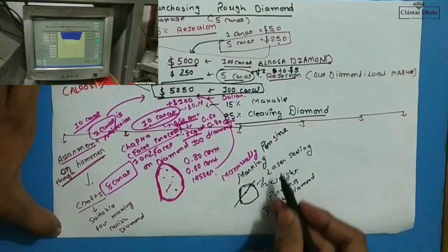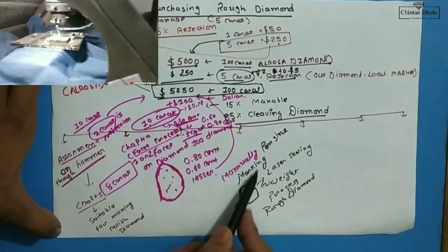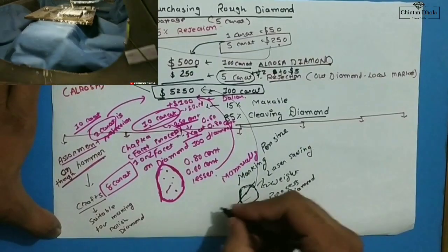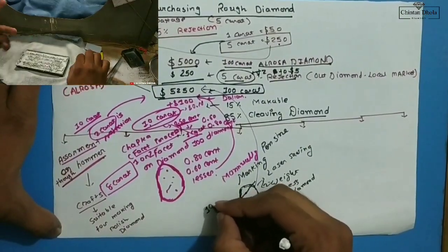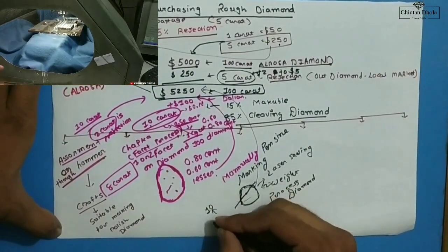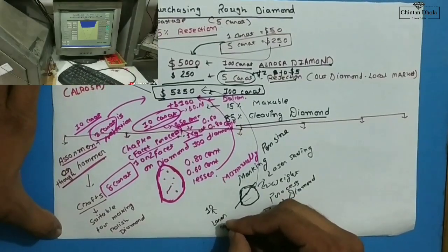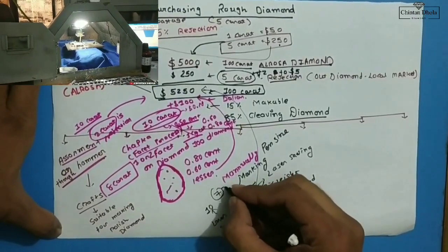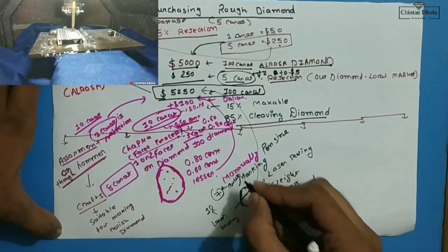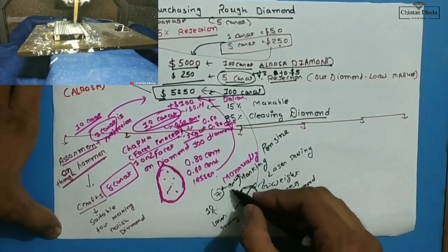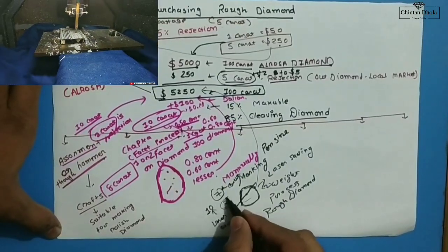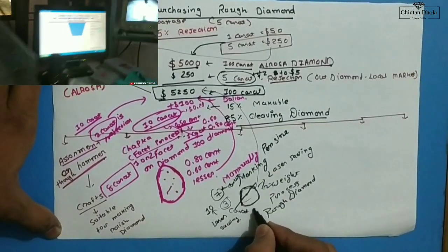This weight loss is also included in this particular costing, because you get a loss, like if you give 10 carat to the laser sawing process, then what happens? You only get 7 carat of diamond returned to you from this process. So 3 carat is totally wastage.